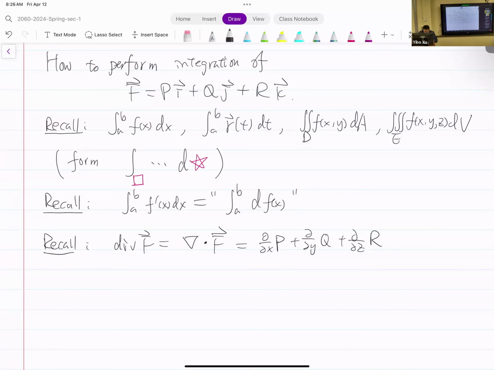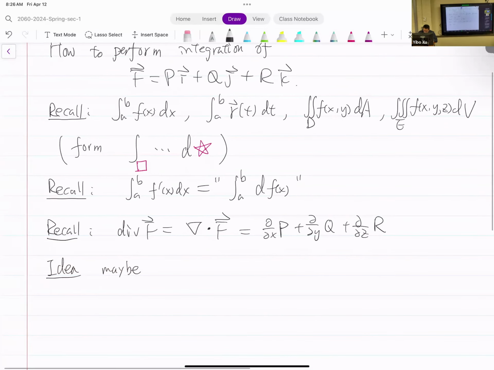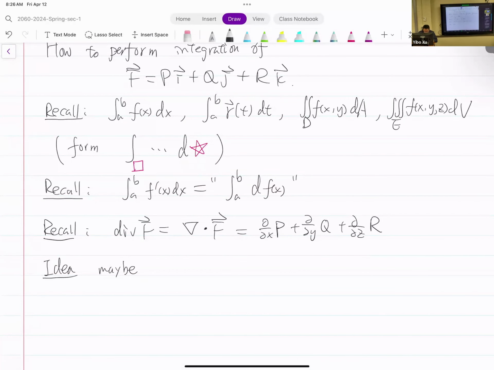So the idea here is that maybe we can define the integrals in terms of the vector field using P, Q, and R. Because when you look at the divergence, this is doing the partial derivatives component-wise to these components of the vector field, P, Q, and R, right? So this is doing a different partial derivative for a different component.